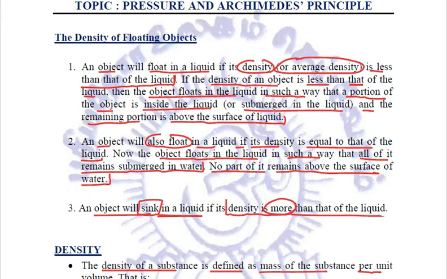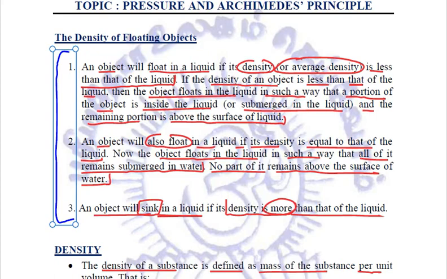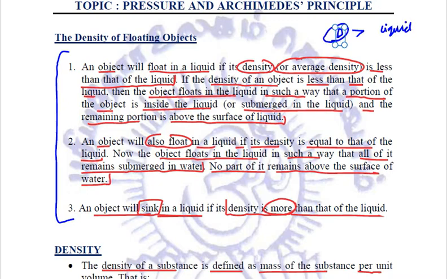And this flotation principle is applicable based on the densities. If the density is greater than the density of the liquid, then since its density is more, it will be heavier, it is going to sink, it is going to be submerged.